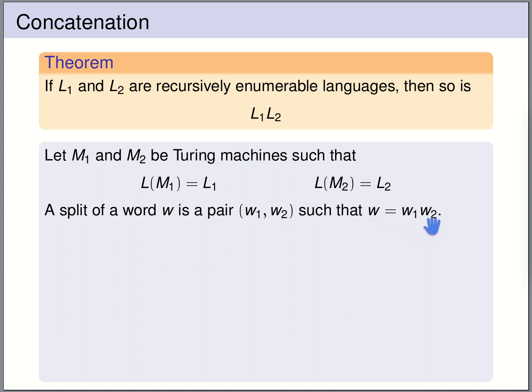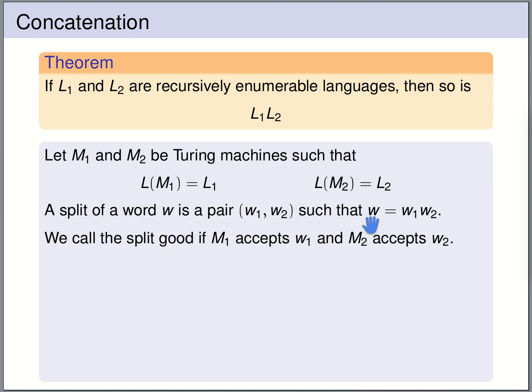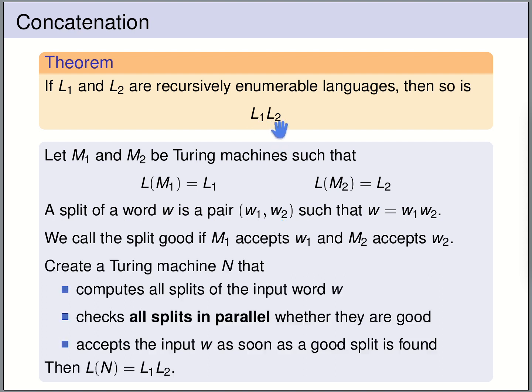So W1, W2 is a split of the word W. And we say that such a split is good if the first part of the split W1 is accepted by M1 and the second part of the split W2 is accepted by M2. So it's a good split if the first Turing machine accepts the first part, the second Turing machine accepts the second part. Now, how do we make a machine that accepts all words in the concatenation?